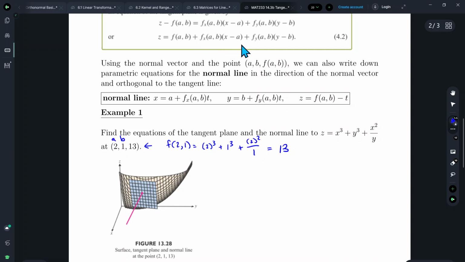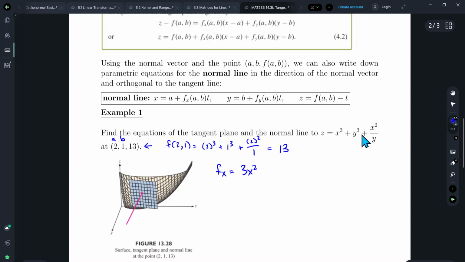Okay, so in any case, let's determine the rest of the tangent plane. Right, so we need the two partial derivatives with respect to x and with respect to y. So let's first calculate the partial derivative with respect to x. So here we're thinking of y as being constant. So the derivative of x cubed is just 3x squared. y is a constant, so this whole thing is a constant. Derivative of a constant is 0.